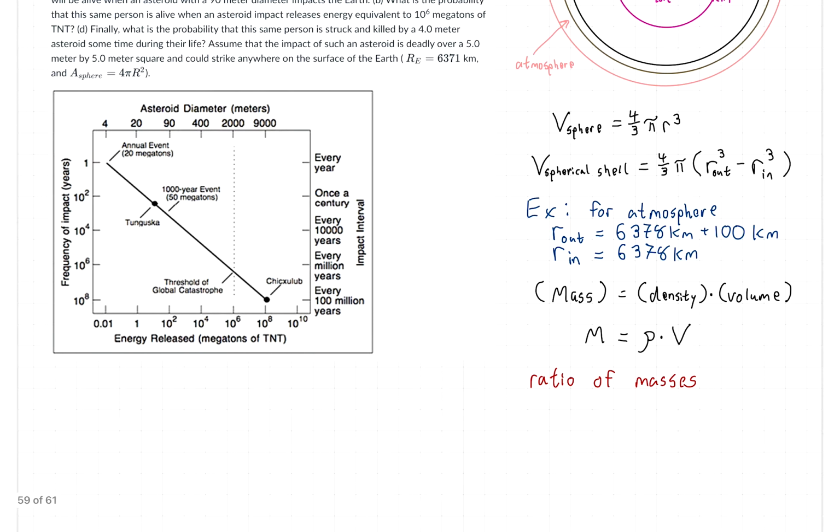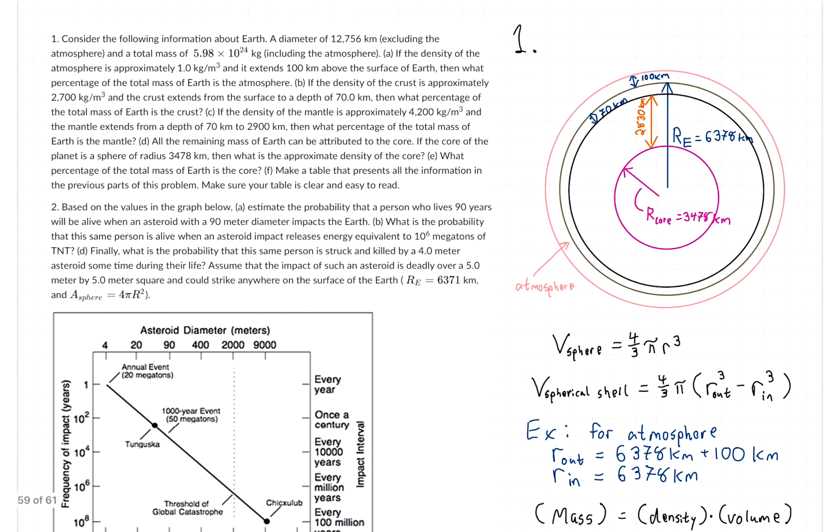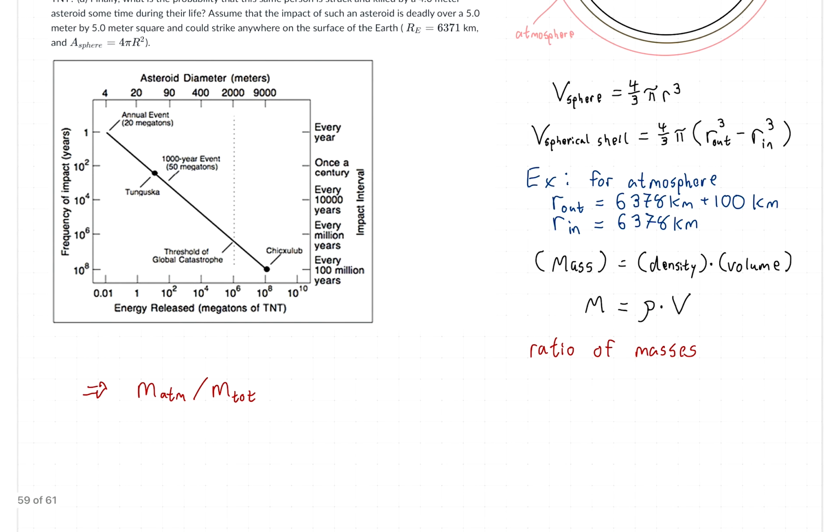So in that case, your ratio would be the mass of the atmosphere over the total mass of the Earth. Now the total mass of the Earth is, of course, given. This is the number that we'll repeatedly refer to. Every time we refer to the total mass, it's always going to be this 5.98 times 10 to the 24 kilograms. All right, and so then you multiply that by 100, and that will give you the percent.